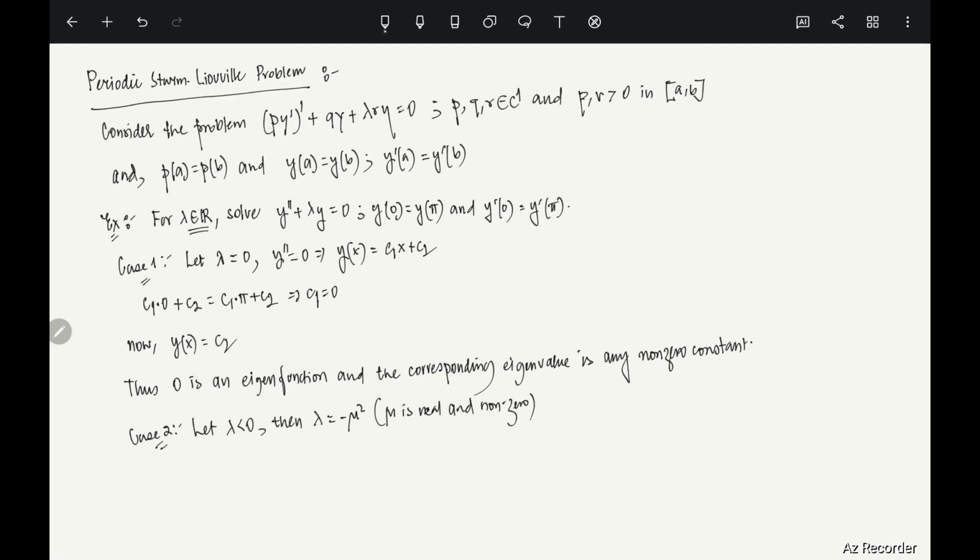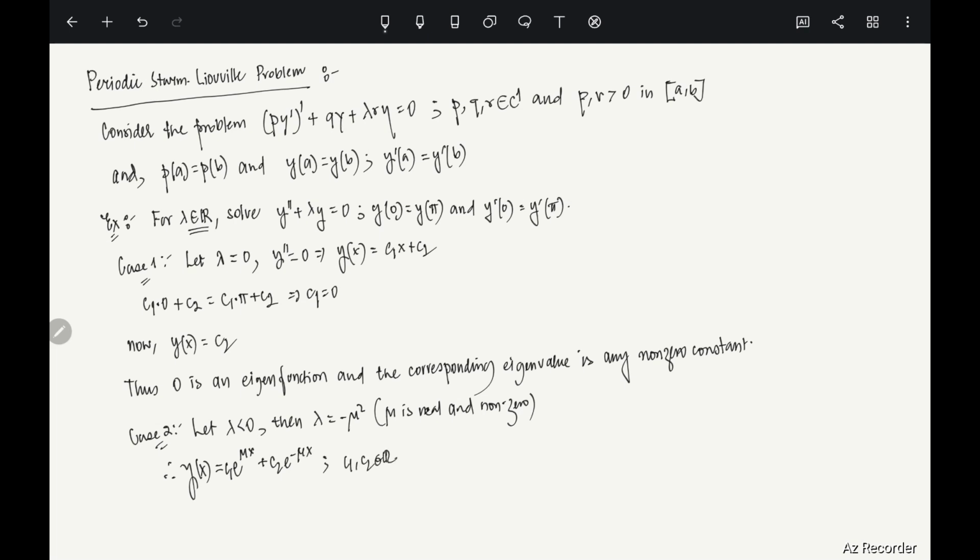Now if that is the case, then what's the general solution? Therefore the general solution is given by y(x) equals c1 times e to the power mu x plus c2 times e to the power minus mu x, right? And c1, c2 are in R.